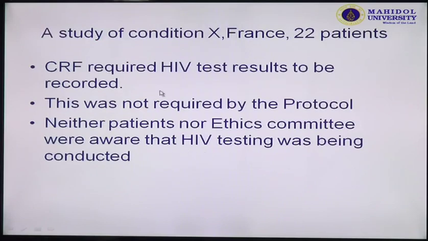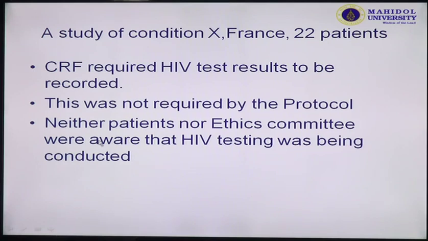Okay, the patient form must capture all the information requested. For example, in a study in France with 22 patients, the CRF required that the HIV test result be recorded, but it's not required by the protocol. So it's incorrect. It's actually intentional that you add something that is not in the protocol and not approved by the EC. So the EC was not aware that HIV testing was being conducted.